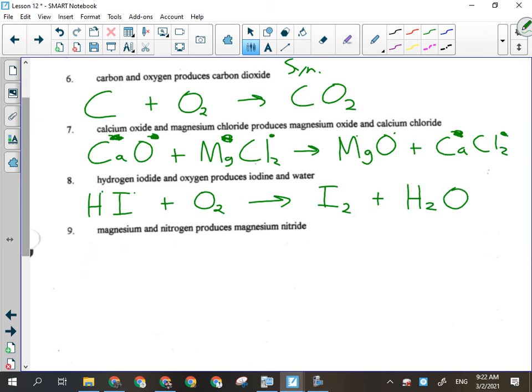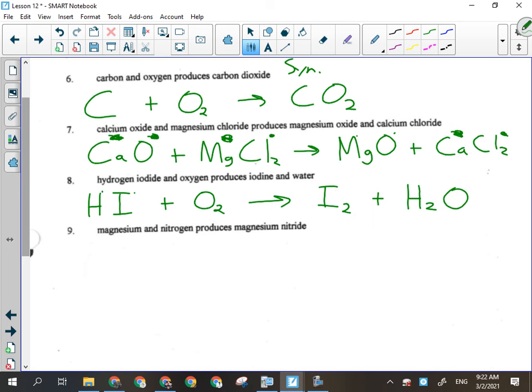Now I wrote it as H2O. Why did I do that instead of HOH? Yeah, that's how it's in order. There's no OHs anywhere in here, so it doesn't make any sense for me to write it that way. It's easier to track where the oxygen and the hydrogen come from if I write it that way. So now I've got to balance this whole thing.